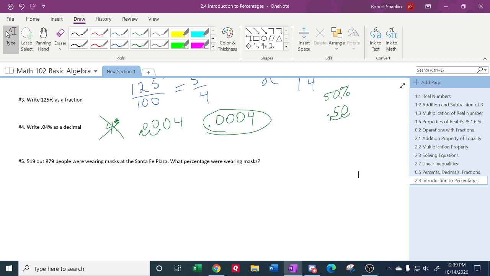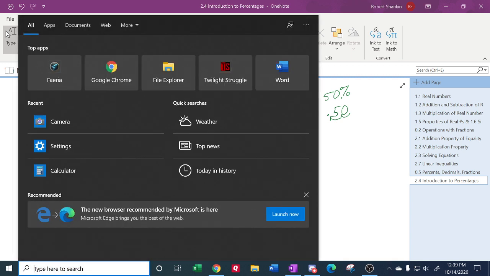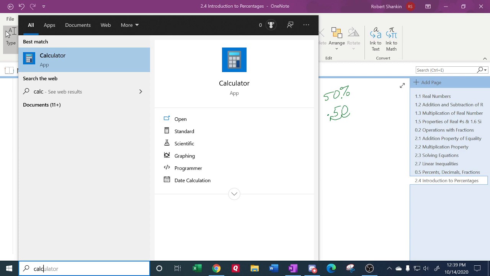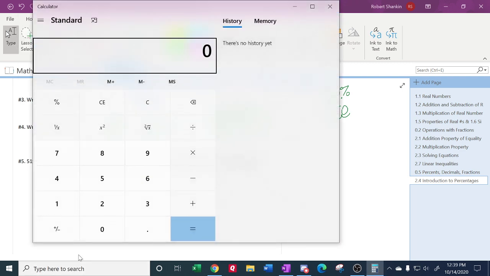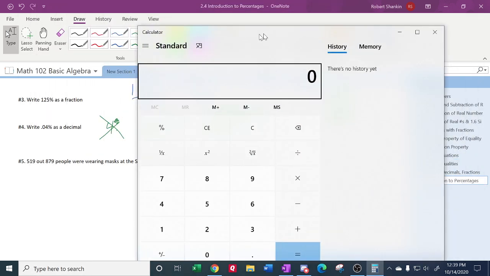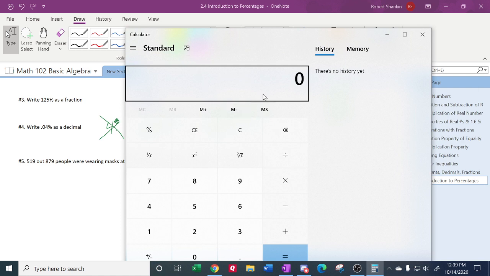And 30 seconds more. So I'm going to go to the calculator. Put in 519 divided by 879.